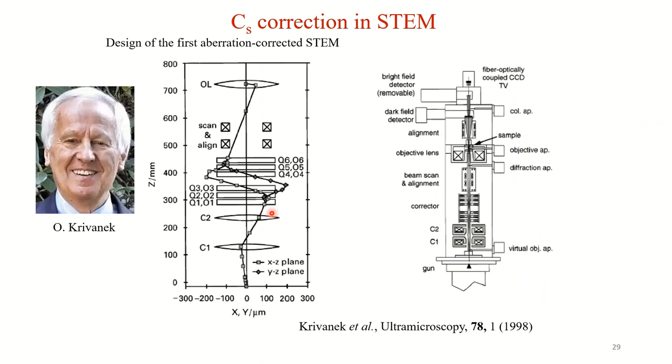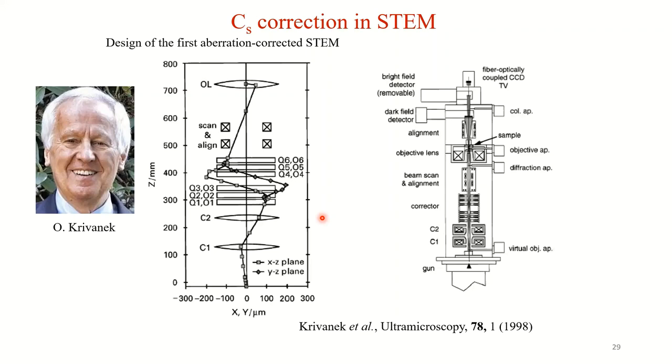So after this achievement in 1998, Andre Krivanek came with an aberration corrector for STEM. His corrector was a bit different from the hexapole corrector. His corrector involved quadrupole and octupole lenses.